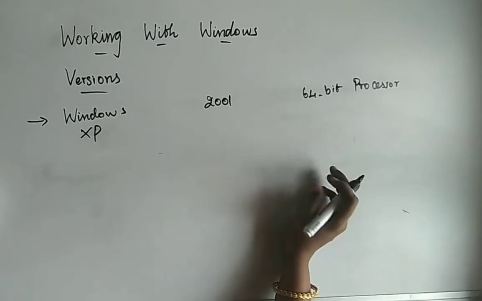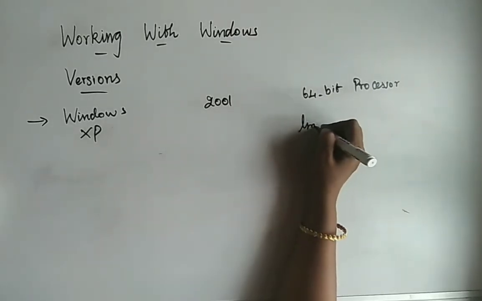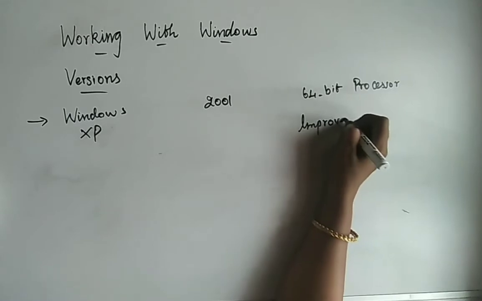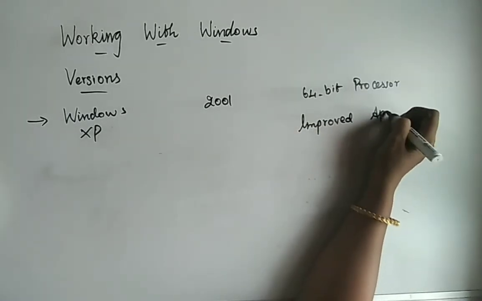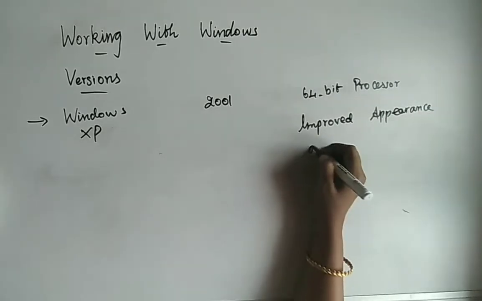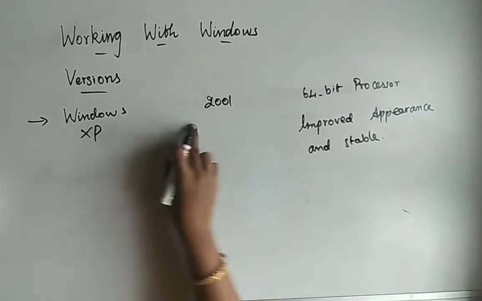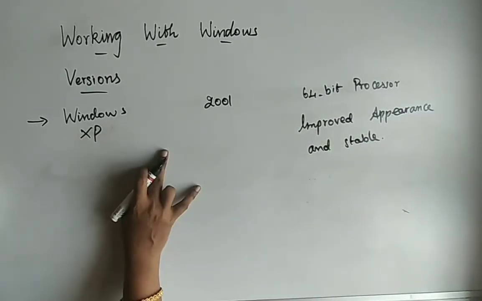Similarly, it had an improved Windows appearance with themes, and a stable version. Everything is improved, the appearance is improved, and everything here will be stable. So that is Windows XP.